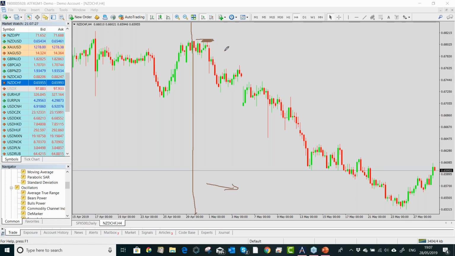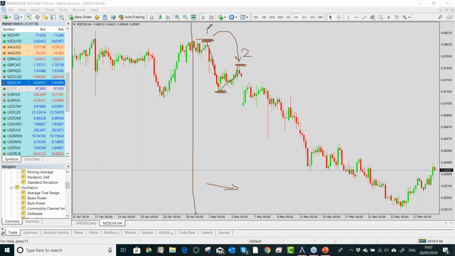Excuse my drawing, but I'm sure you get the general idea. Then the market moves downwards to a low point, and then it moves upwards to a high point. So this is a low. This is our next high. So from here to here, this high is lower than this one.